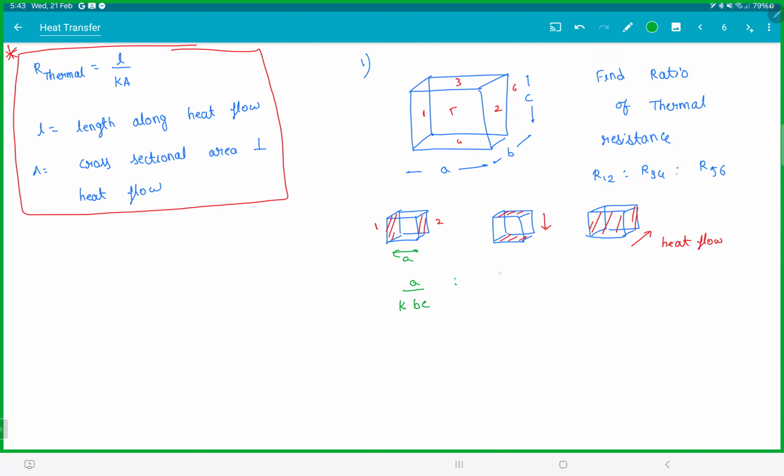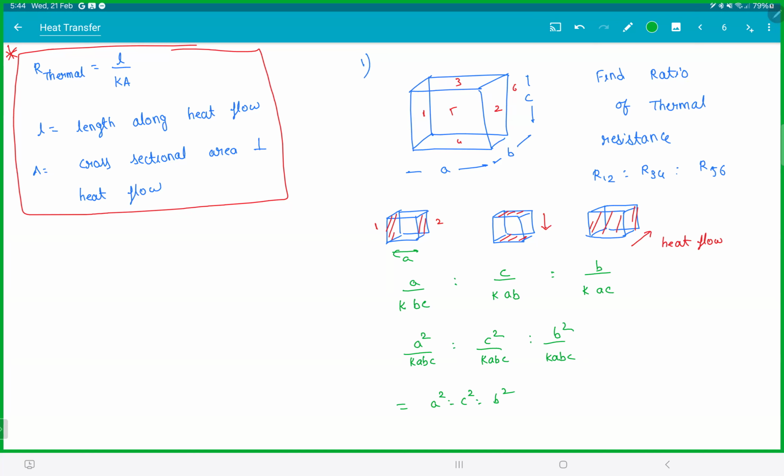Here L is the length along the heat flow. Heat is flowing from up to bottom, so C by K into AB. This is B by K into AC. Multiply and divide by A square. This will become A square by KABC, C square by KABC, B square by KABC. Denominator goes off. You get A square is to C square is to B square.